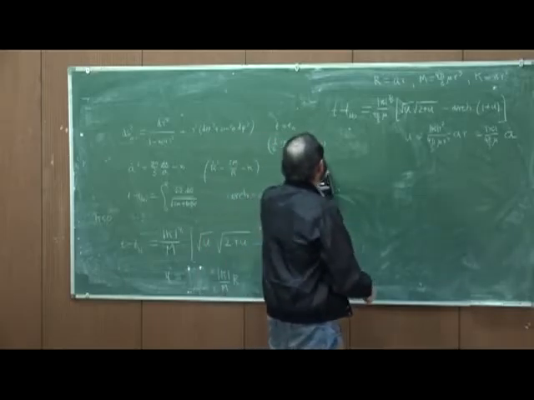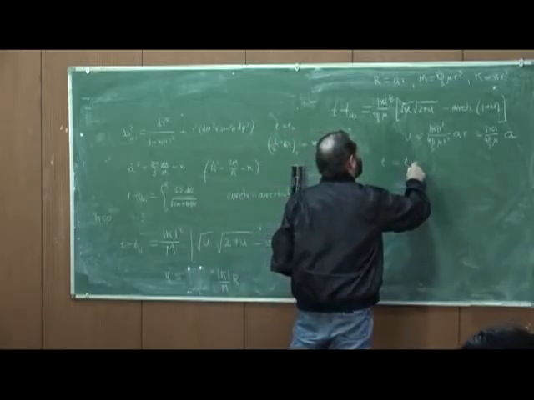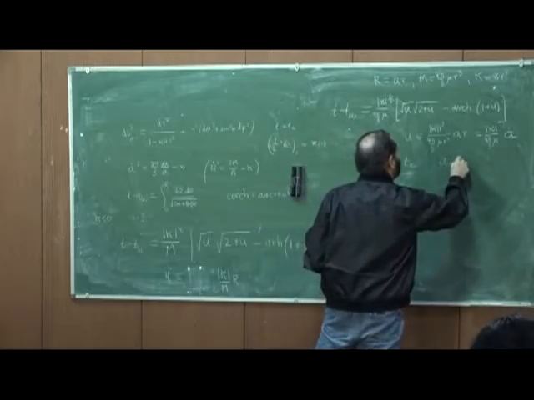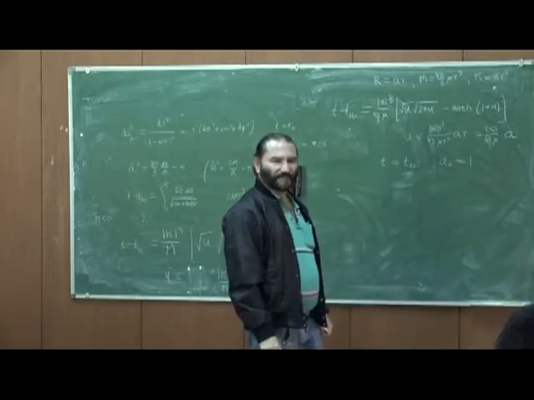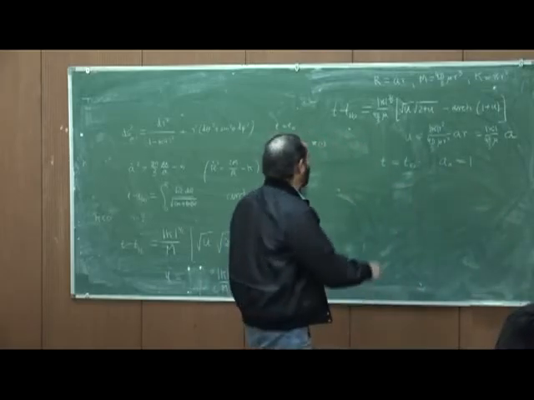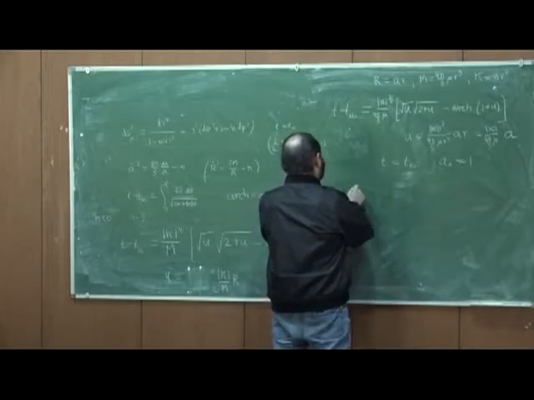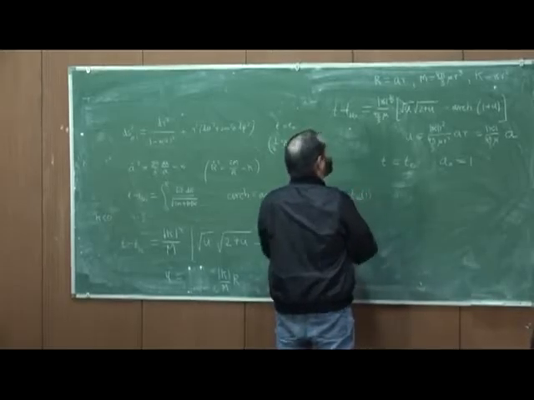Now, what happens if in this solution we set t equals t0? Then we have a0 equals 1, okay? So what we would have is t0 minus tBB. tBB is a function of r, right?